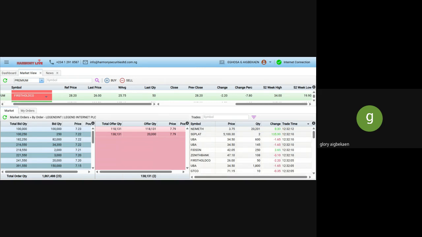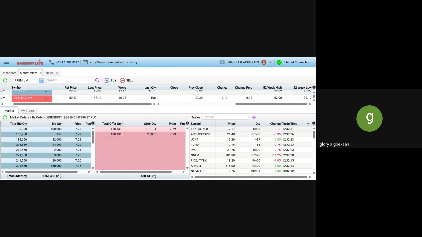First Bank pulled back by about 7.8. That's serious. Seplat moved up by about 2.74. And UBA pulled back by about 4.56. Zenith Bank 6.18. That's so much pullback.